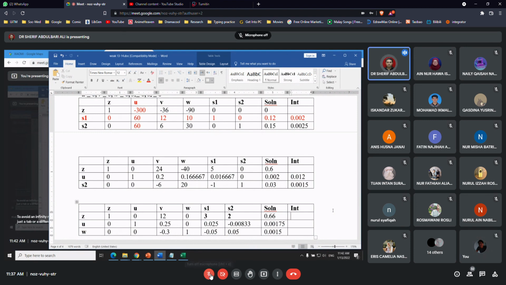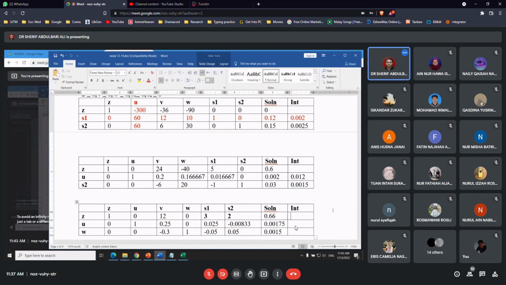So the first statement you said is correct, which is you are going to minimize. Because remember that we are talking here about a minimization problem. Even though we convert it into a maximization, you still need to say that the objective function will be minimized by the value of 0.66.